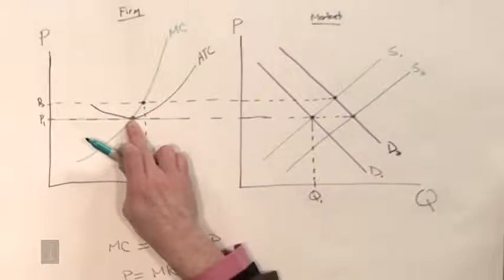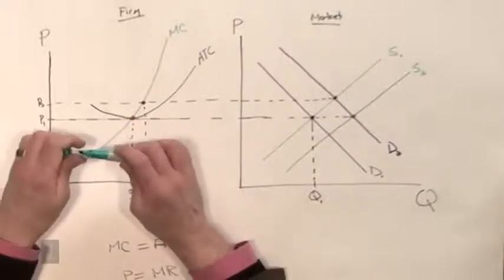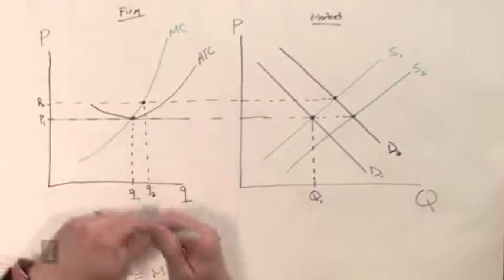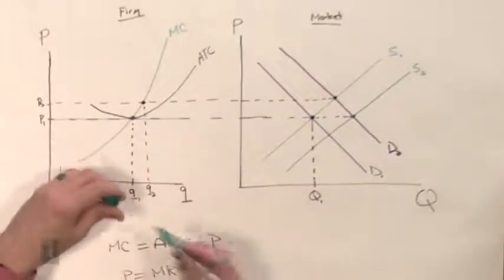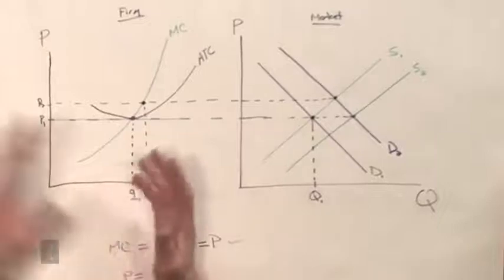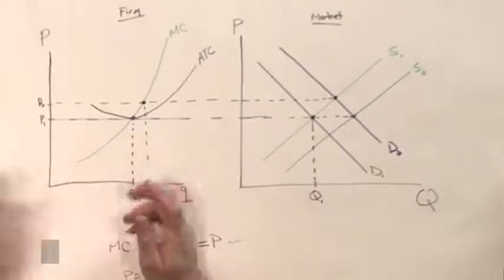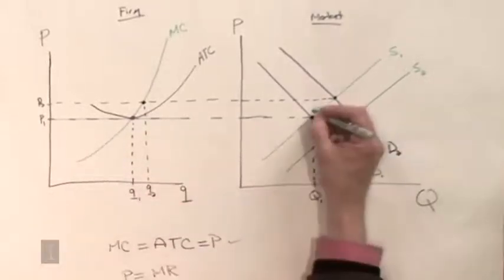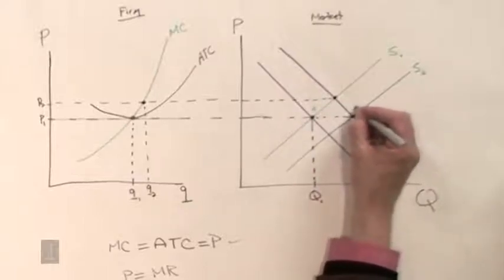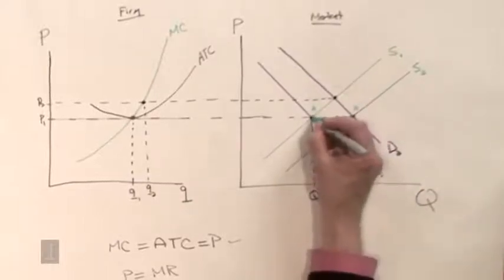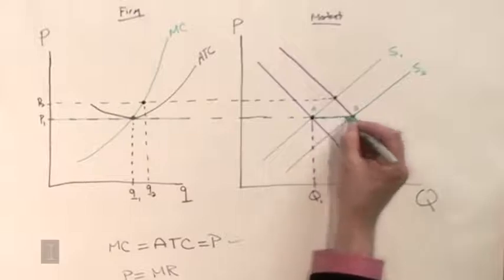And again, at that point, we are in long-run competitive equilibrium, where the price equals average total cost equals the marginal cost, and the economic profits are 0. So if we connect these two points, let's say point A right here with point B, we have what economists call the long-run supply curve.